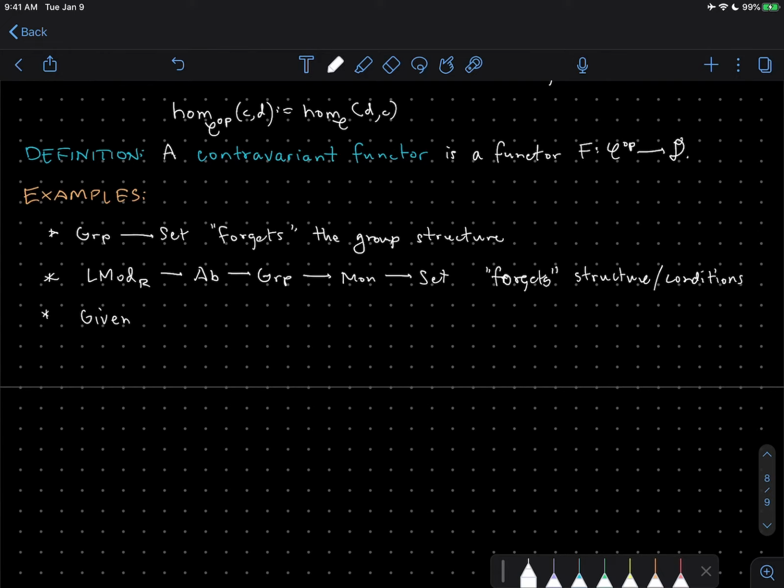Given, this is now a very important example. Given a ring homomorphism R to S, so let's call this F. There is a triple of functors.